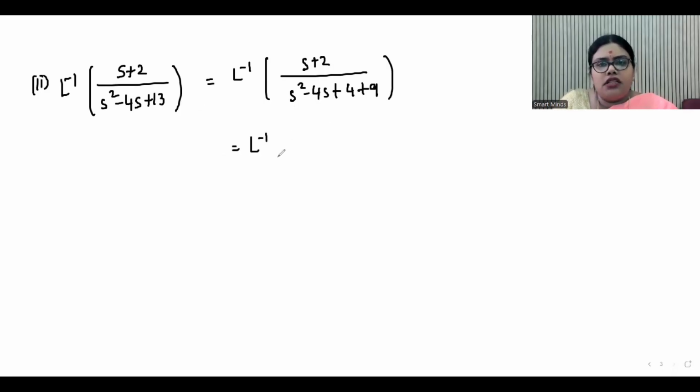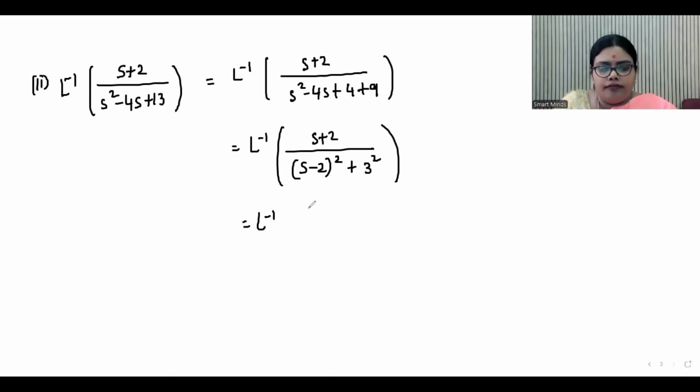Now the first three terms in the denominator, s square minus 4s plus 4, is (s minus 2) whole square plus 9. 9 can be written as 3 square. That is L inverse of, now s plus 2, how can we write? Can we write s plus 2 as s minus 2 plus 4?